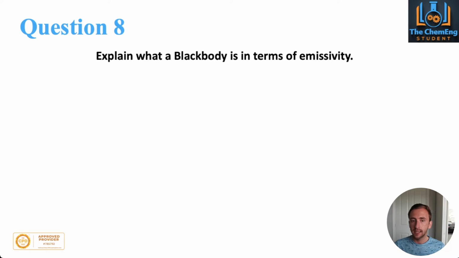Question number 8 is explain what a black body is in terms of emissivity. So again, this is building upon the Stefan Boltzmann law. It's more centered towards radiative heat transfer, which always features at the latter stages of the degree program, because it is quite complicated.